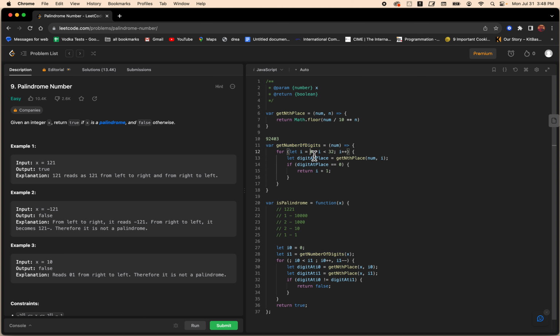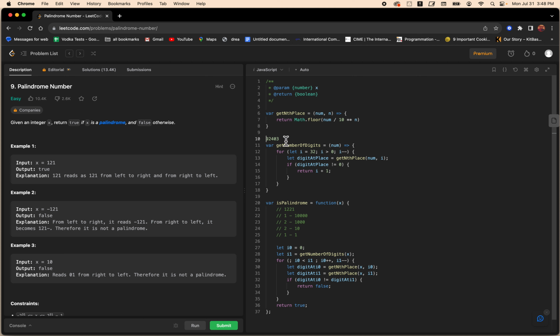What we have to do is start with 32, or maybe 31. I greater than 0, I minus minus, and if it's not 0, okay. So what we're going to do is start large and go small instead of starting small and going large.